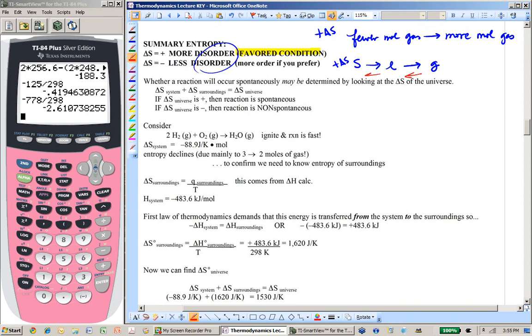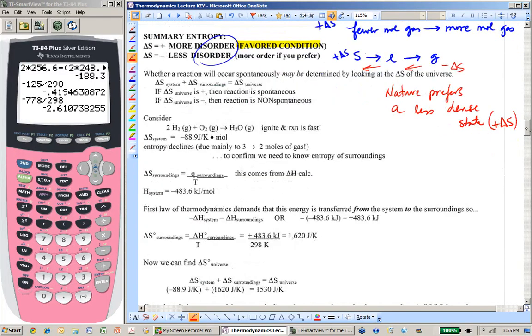Go that way, negative delta S as we move back from left to right. And nature prefers a less dense state. And that's going to be an increase in entropy, because we have that law that says the entropy of the universe is always increasing.